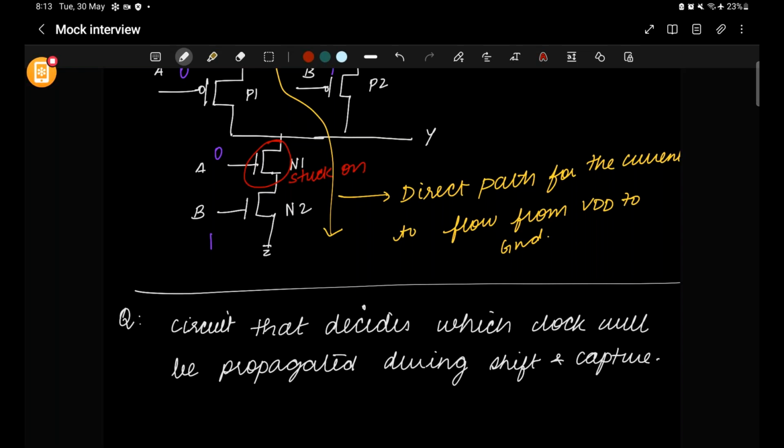Yeah, ma'am, I'm not getting it properly. Can you explain, ma'am, please? Okay, yeah, I'll just take the diagram, one second.